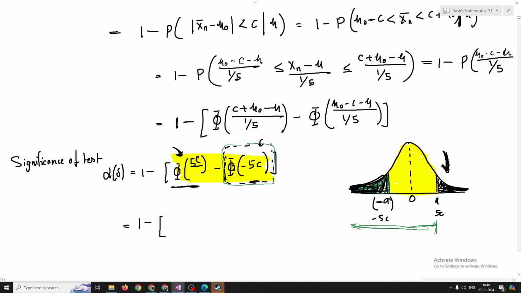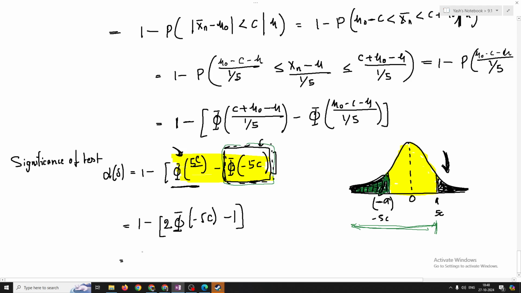So I take this area, I multiply it by 2, and then I subtract from 1. So I'll get this yellow area. And that is what we can do. I just take this probability or this area, I multiply that by 2, and then I subtract from 1.